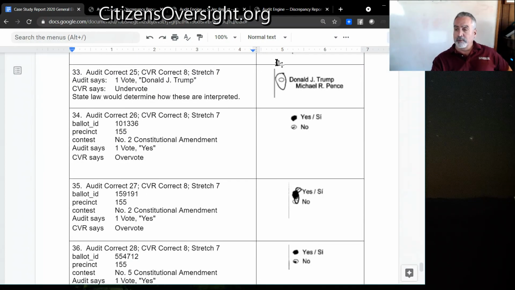But here's one that's probably infuriating to some people, where Donald Trump, the person voted for them, but they didn't realize that they had to fill in the bubble. Some people would say, well, if you can't read the directions, you shouldn't get the vote. In some states, that's the way it is. But you have to admit that even if you have a state that says it's not voter intent, we're just going to go by what the voter did, sometimes you have some that are close, like this one.